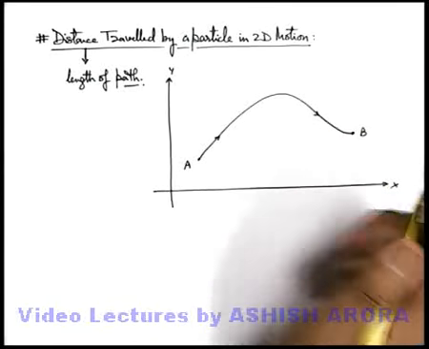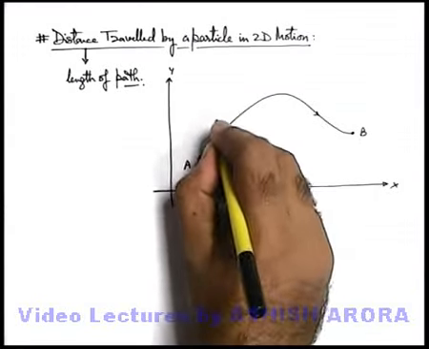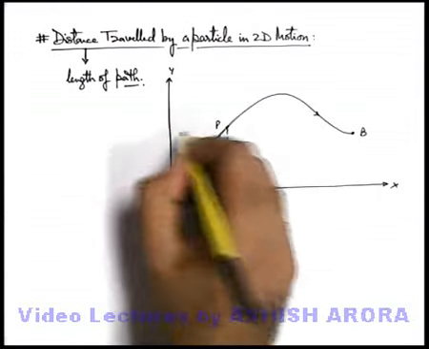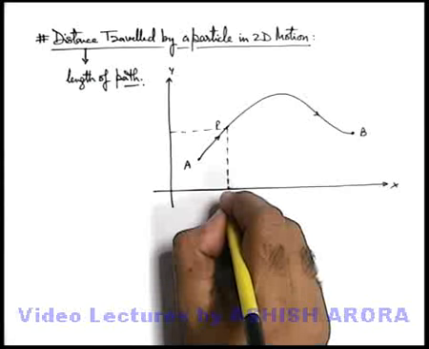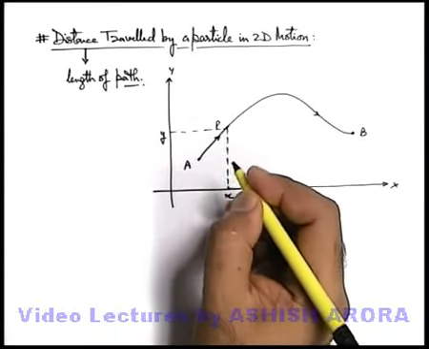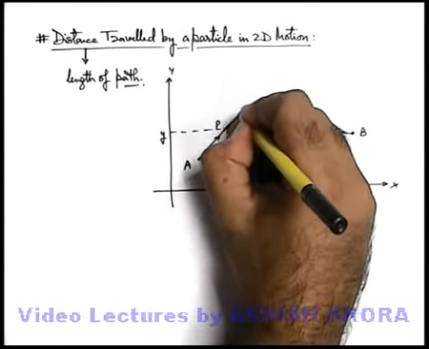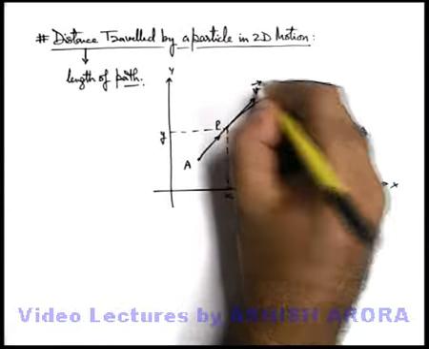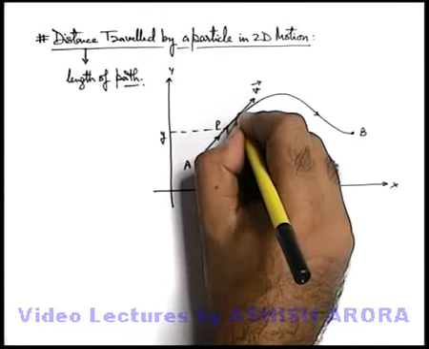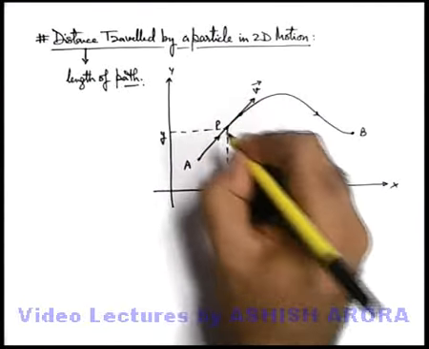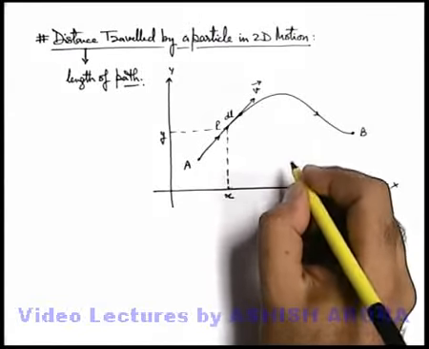Say for example, at a particular point P, the particle has coordinates x and y, and the particle is moving with a velocity vector v along the path. So in a time dt, it has covered a displacement dl along the length of the path.